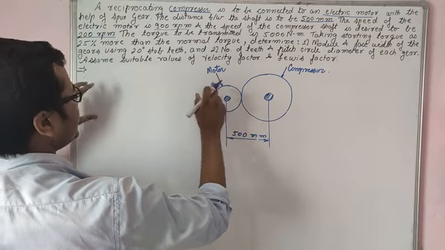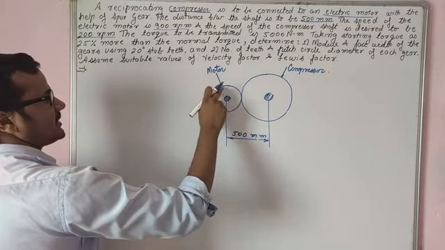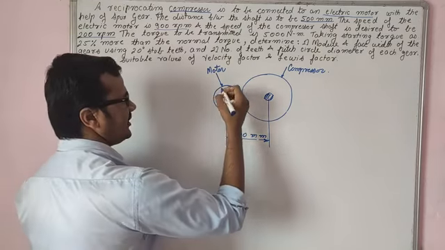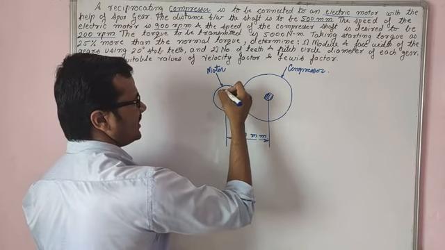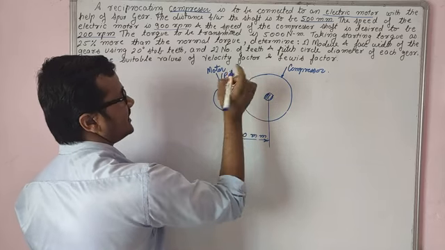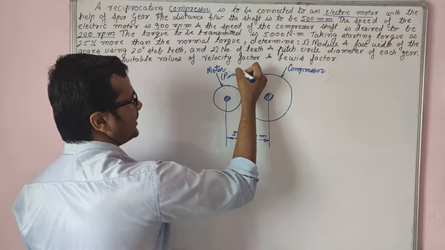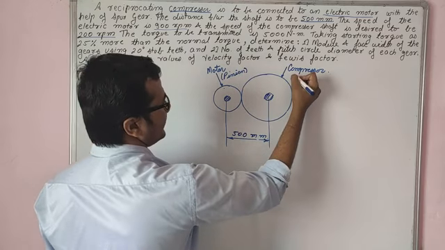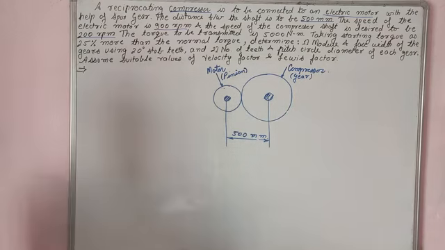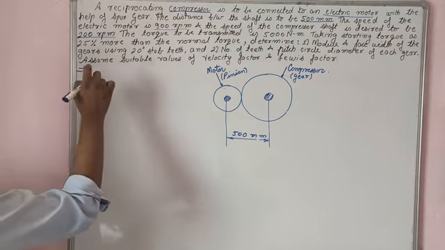Now we understood that the speed of the gear mounted on the electric motor is more. That means its pitch circle diameter may be lesser, so we can name the smaller gear the pinion. Let the gear mounted on the shaft of the motor be the pinion, and the gear mounted on the compressor be called the gear.